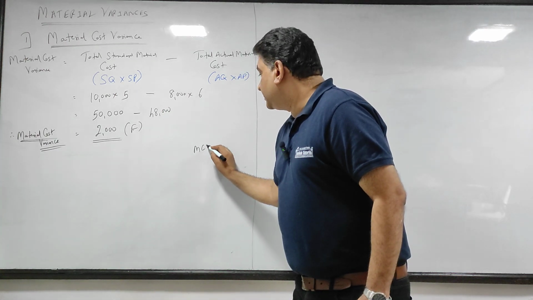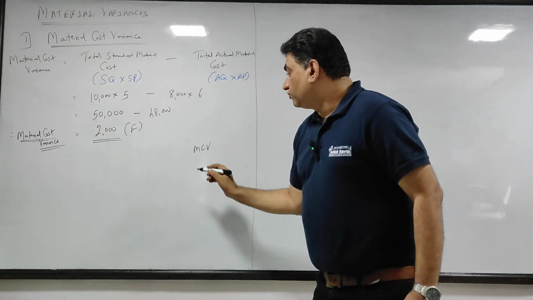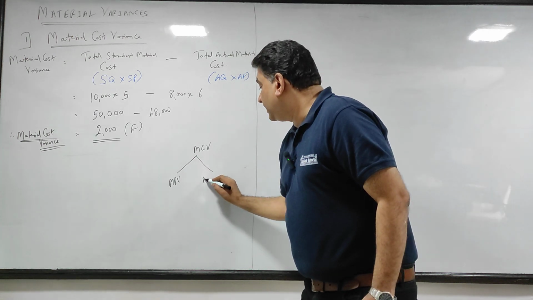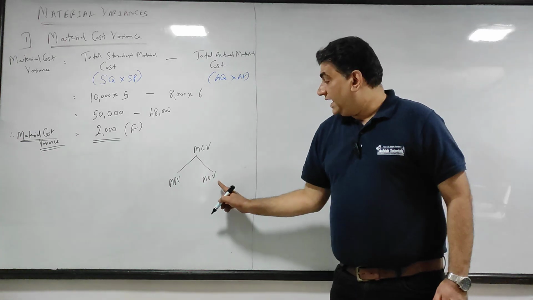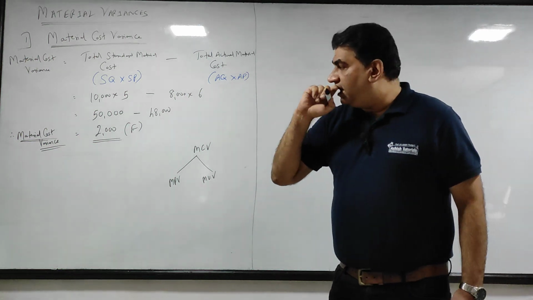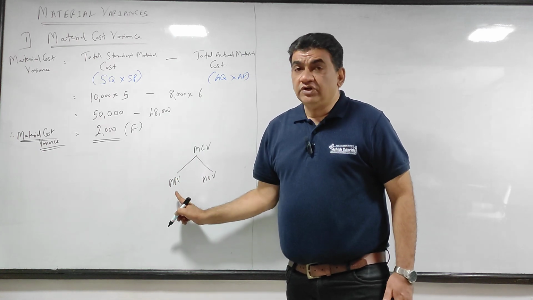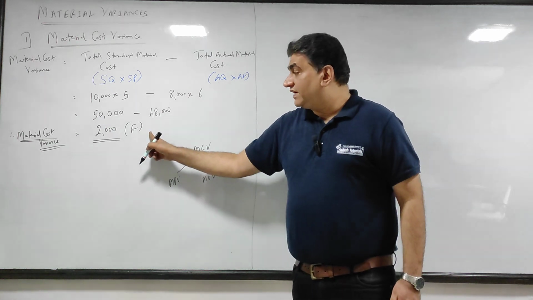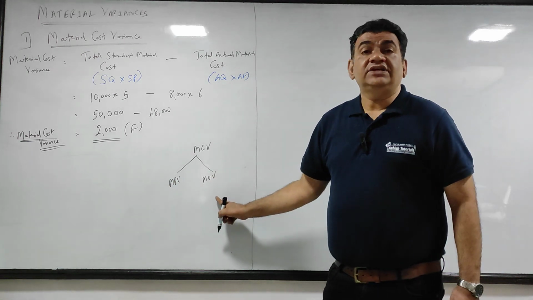So what you will do? See, this is material cost. Look here, what two things are in the formula? Quantity and price. So what will happen, this cost we have to further analyze into MPV, that is material price variance, and MUV. MUV means usage, that is quantity variance. So we have to find out, from this 2,000 saved, how much was because of price and how much was because of usage. So material cost variance will further be classified into two: price variance and usage variance.